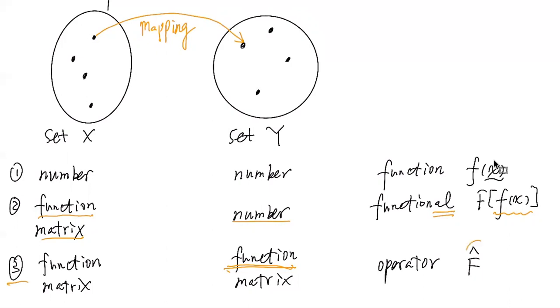Here we put a hat on the letter. This is an operator. Sometimes in the literature, people will simply skip this hat. They just write a capital letter. But depending on the context, you can know whether or not they mean an operator.